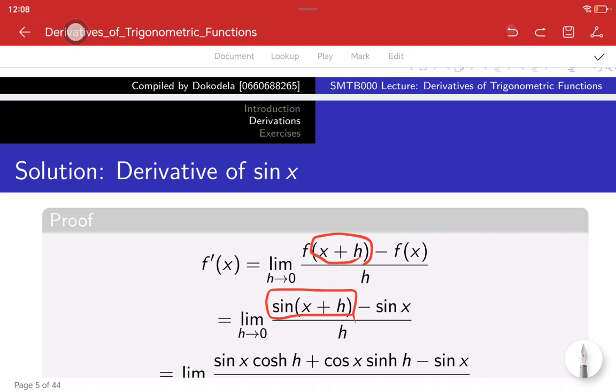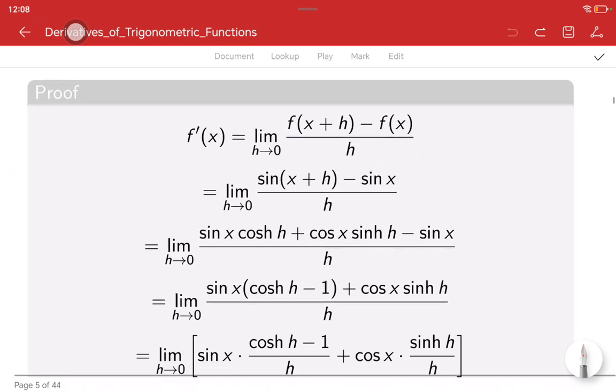From the compound angles, this can be expanded to sine of x cos of h, plus, remember the sign doesn't change, cos of x sine of h.